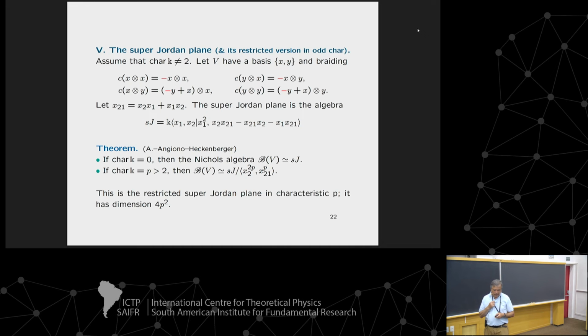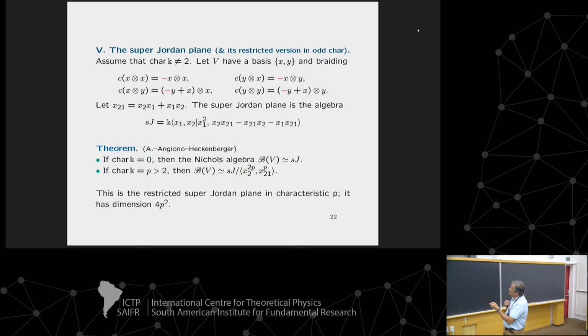Again, I take a V with basis x, y, and such that the braiding is given by this rule. c of x tensor x is minus x tensor x. c of y tensor x is minus x tensor y. c of x tensor y is minus y plus x tensor x. c of y tensor y is minus y plus x tensor y.